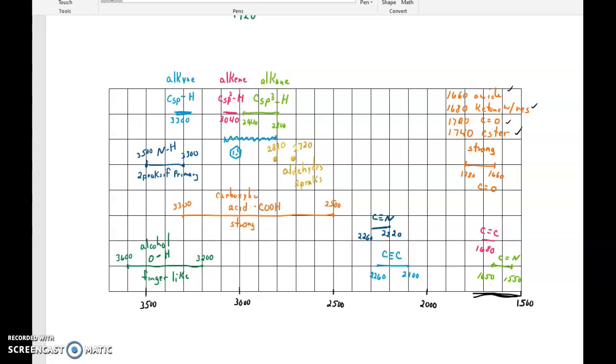Then we get into the weeds. These two gold ones right here and right here are aldehydes. Remember, aldehydes look like that. They've got a hydrogen off the end of them, and they make two peaks right there that are fairly notable. We've got our carbon-hydrogen bonds in blue and pink and green.